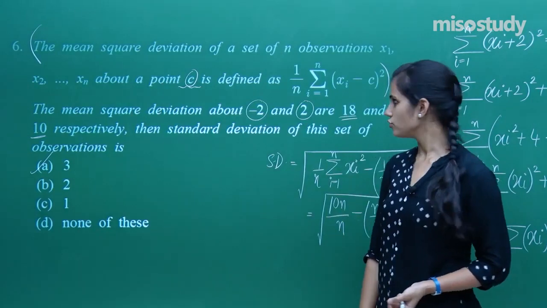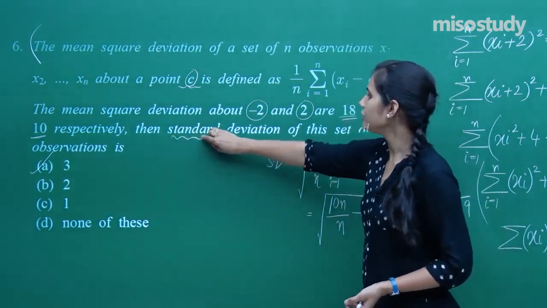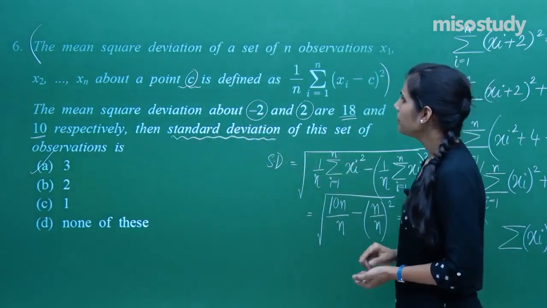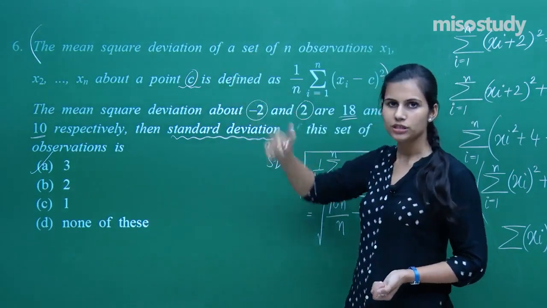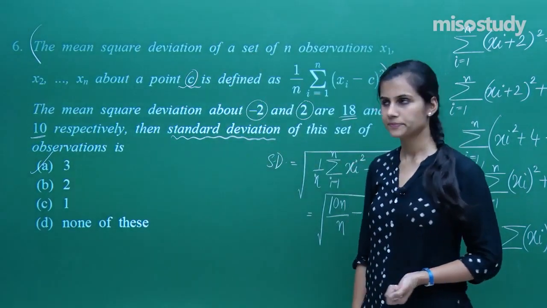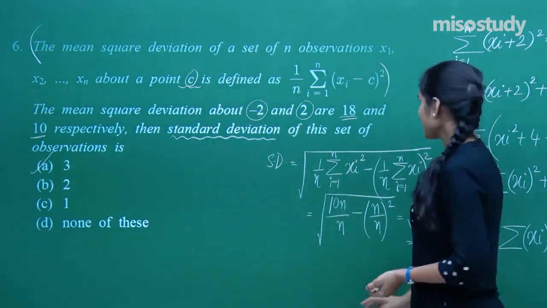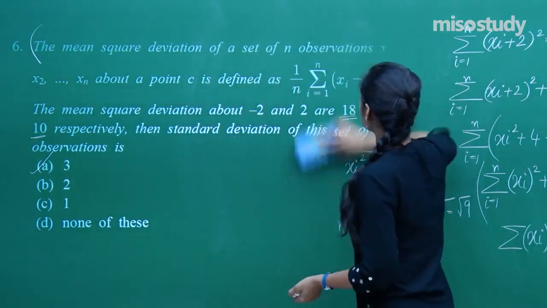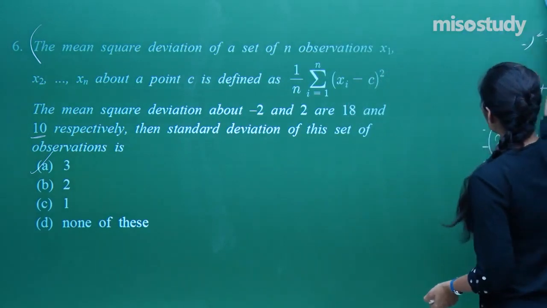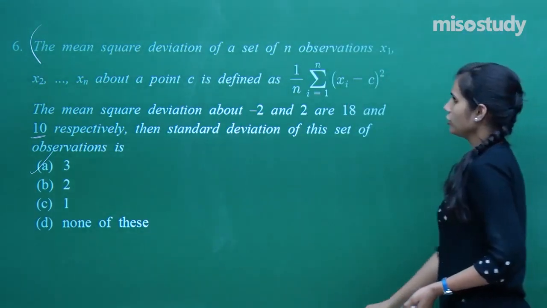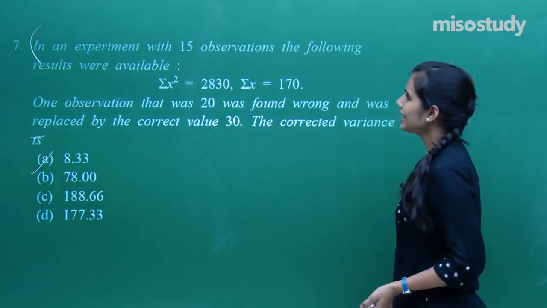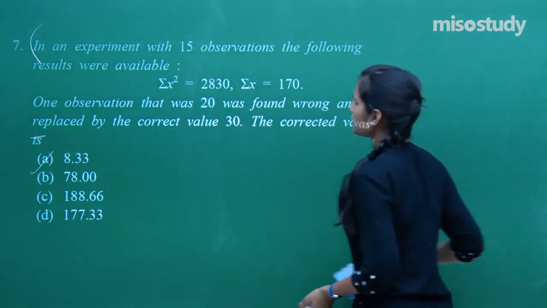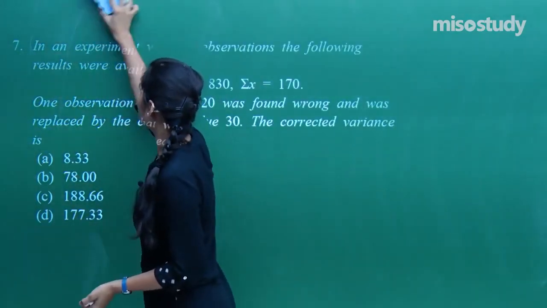Very nice question, just using the concept of standard deviation, and it has come with the help of defining a very new term known as mean square deviation. Moving to the next question. Now after this, let's see what is our very next question. Question says, in an experiment with 15 observations, the following results were available.